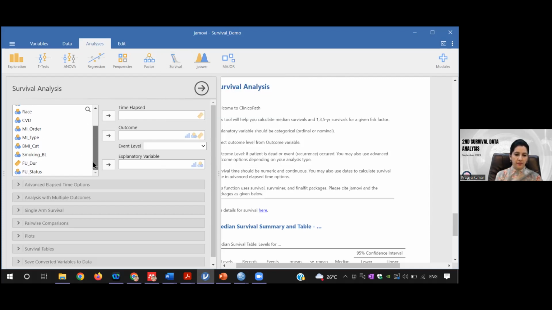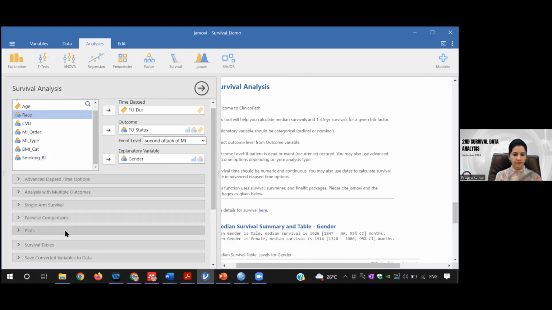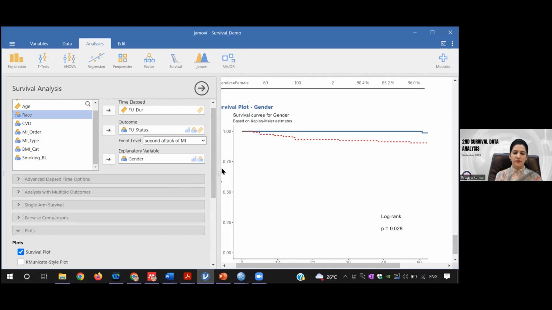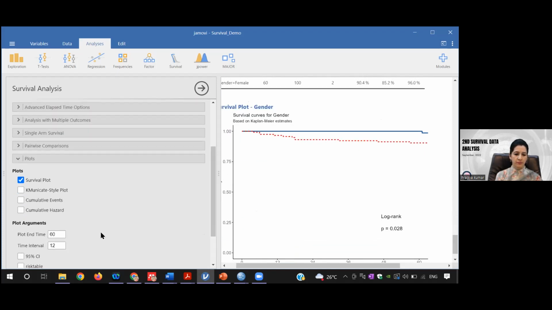So the appearance of the graph will change. I've clicked this status here, 1, and then maybe gender. And if you see the survival plot, where we have changed the axis, the appearance improved.